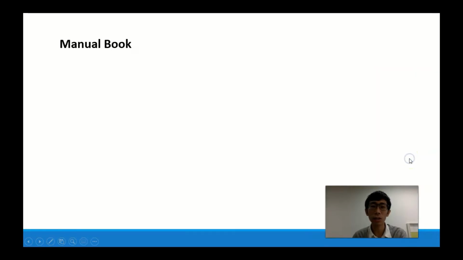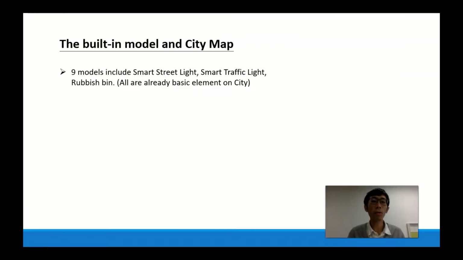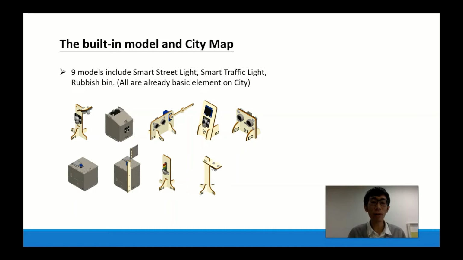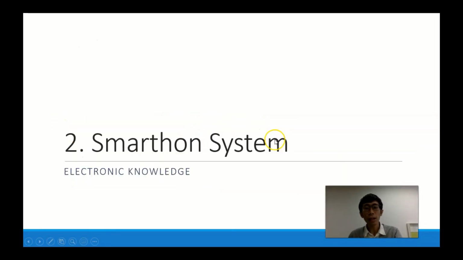In this kit set, there are the manual and online documentation you can make use of, and of course it is designed for building a smart city, because inside there are different models. Actually it is very flexible, you can change it. However, we designed different use cases for students to know what smart elements are inside a smart city. So it is good for them to start. So okay, thank you.